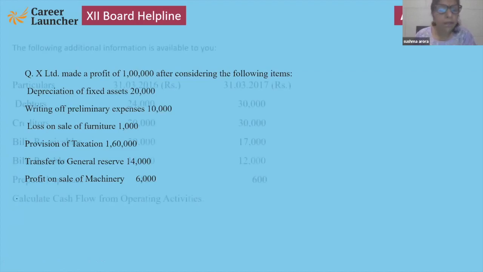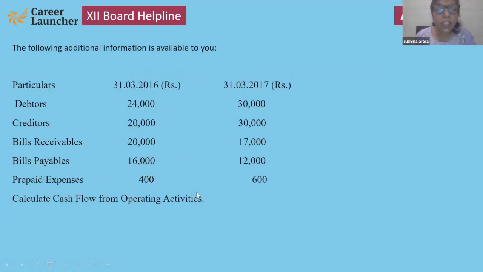One by one. Now they have given us additional information. So see, children, what I want to tell you: first of all, mark the year, because sometimes they can interchange. So that is previous year, that is current year. Debtors are CA, that is increasing, 24 to 30, so ICA by 6,000. Now creditors are CL, that is also increasing, so we can write ICL by 10,000.